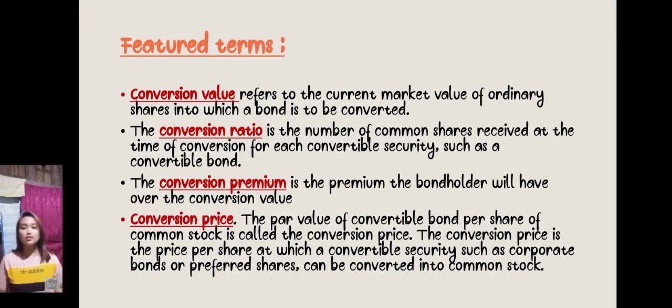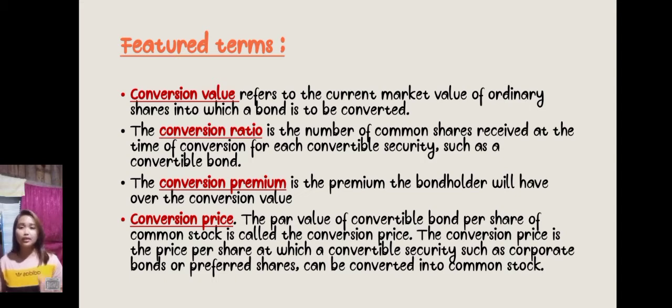The second is the conversion ratio. It is the number of common shares received at the time of conversion for each convertible security, such as a convertible bond. To determine the conversion ratio, we divide the par value of the convertible by the conversion price. The result is the number of shares the holder will receive.